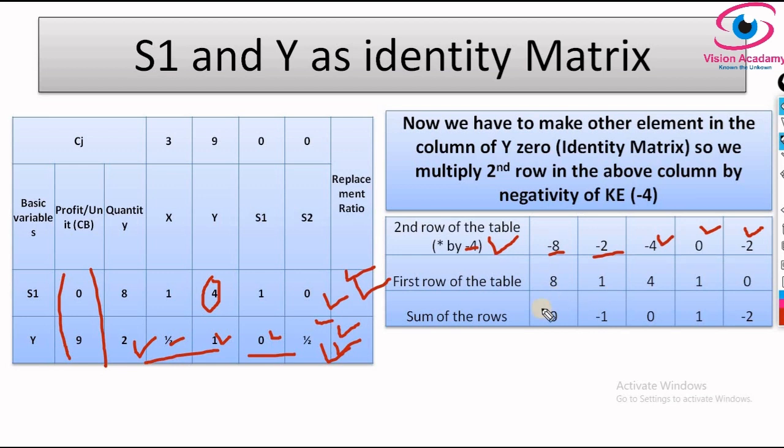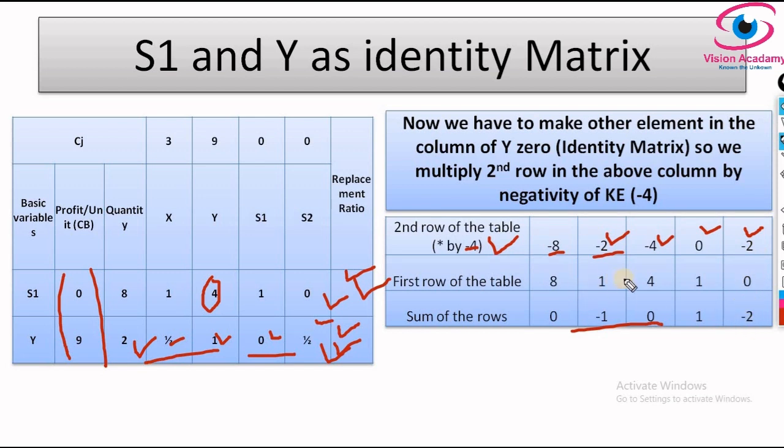After this we have to take a sum of the rows, which means a plus or minus. Minus 8 plus 8 is 0, minus 2 plus 1 is minus 1, 4 minus 4 is 0, 0 plus 1 is 1, 0 plus 1 is 1, minus 2 is minus 2.